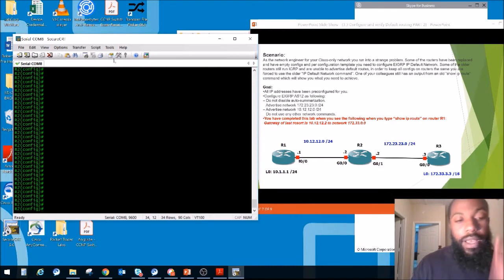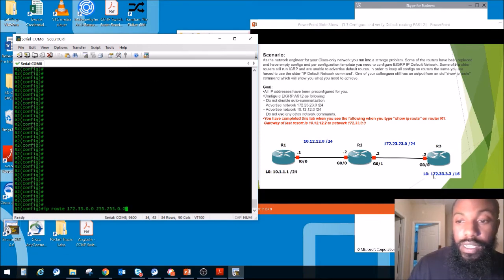Okay, my bad. What we got to do is create a static route to the network that the loopback address is in. So ip route 172.33.0.0, the network, not the actual IP, and then 255.255.0.0.